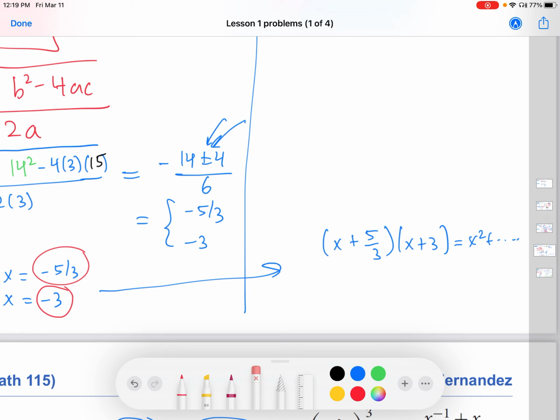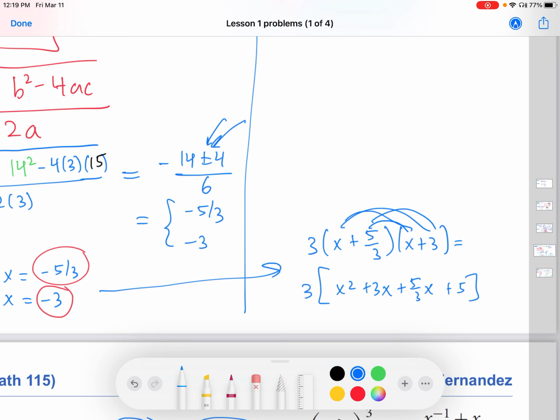So what if I went back and instead I multiplied these two linear factors by 3? Well, let's see what we get. So we get 3, and then let's do the multiplication. We'll do the FOIL. We get x squared plus 3x plus 5/3 x plus 5.